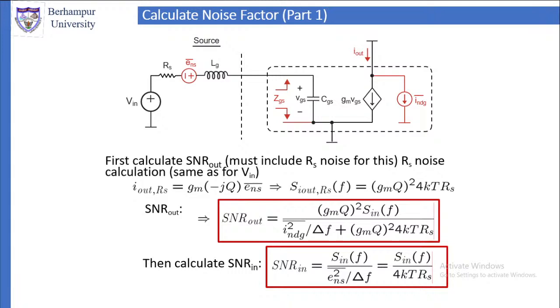So we get SNR output by using the definition. Then calculate the SNR input. SNR input is equal to the input spectral density divided by the variance of the noise at the source divided by delta F, that is equal to the spectral density at the input divided by 4kT RS.